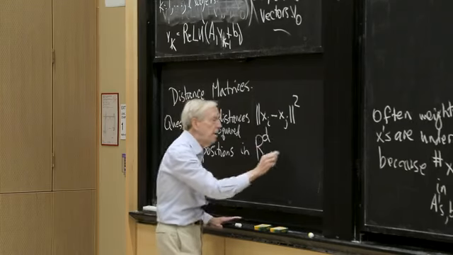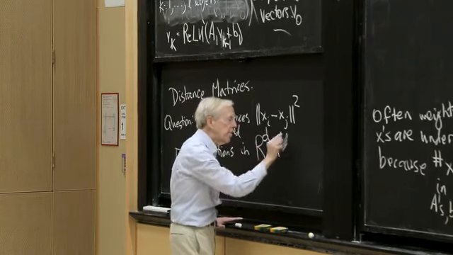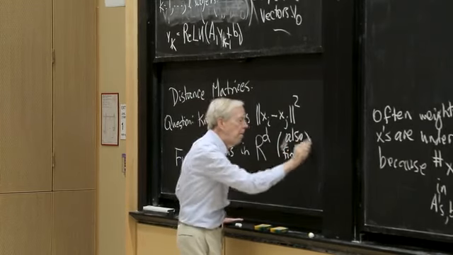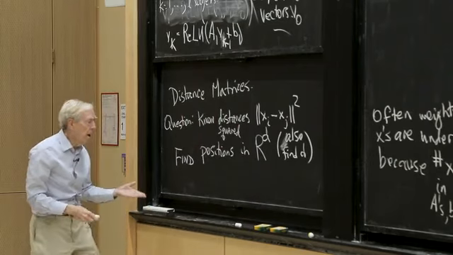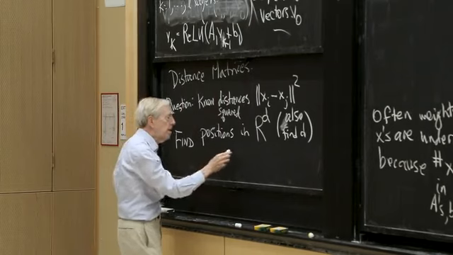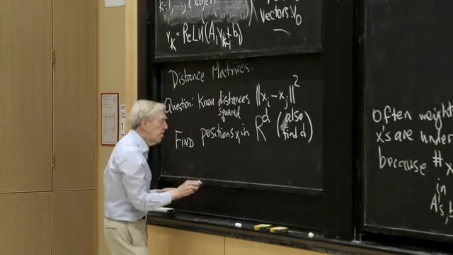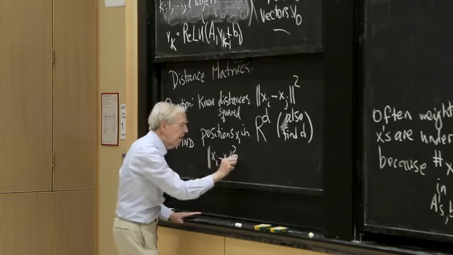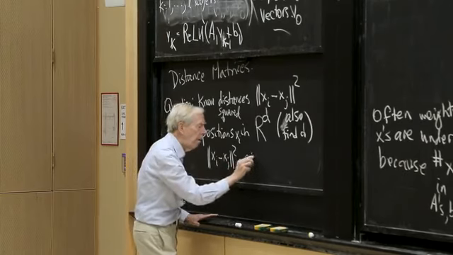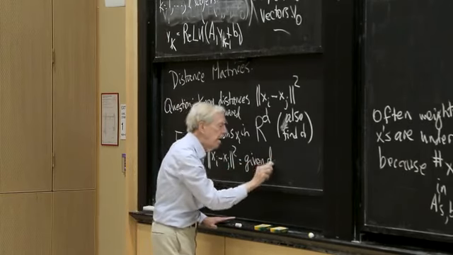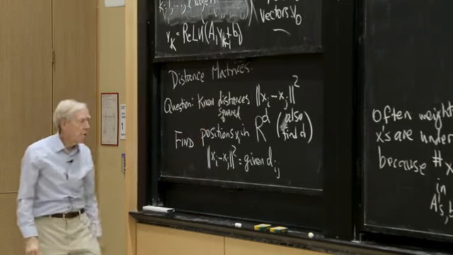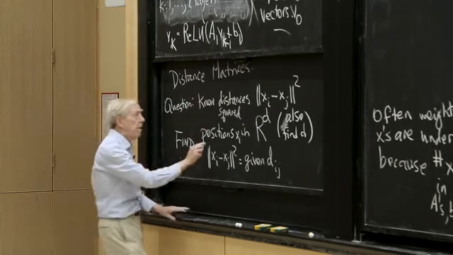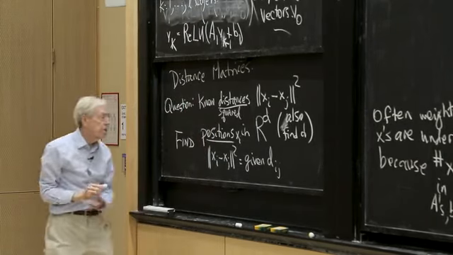I'll just put D, and we're also finding D. And what are these positions? These are positions xi, so that the distance between xi minus xj squared is the given dij. So we're given distances between them, and we want to find their positions. So we know distances, and we want to find positions.